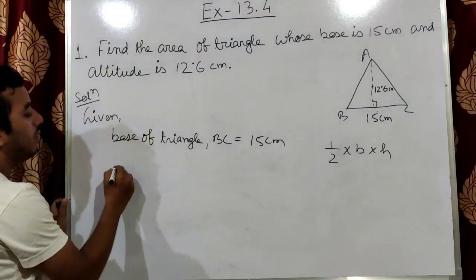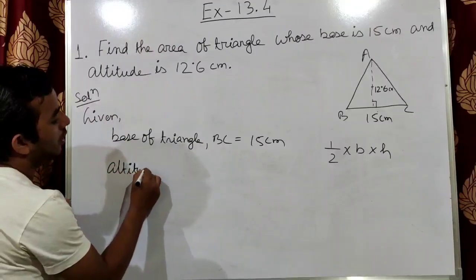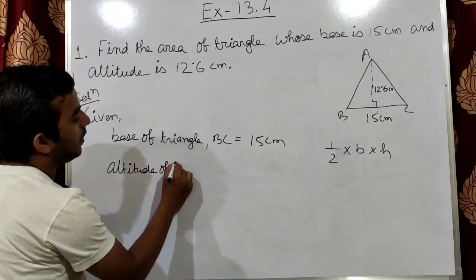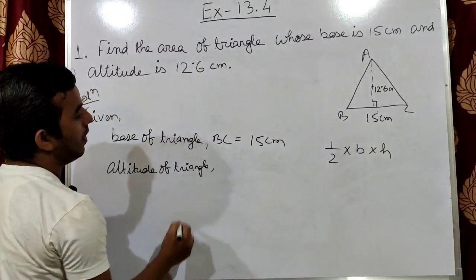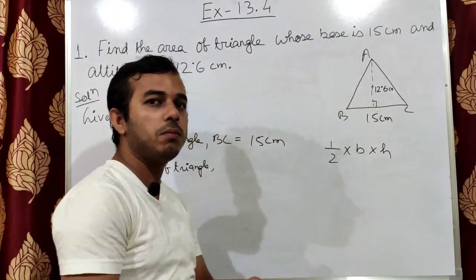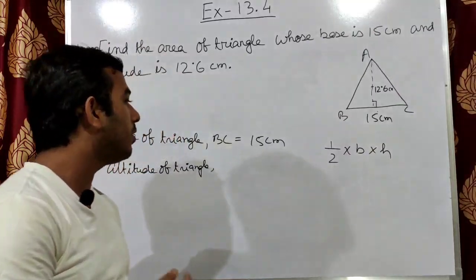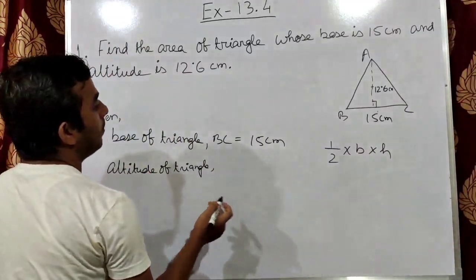Then altitude of triangle. In our previous class I asked you about the difference between altitude and height, there was a bit of difference, right? So now you can answer in the comment box.